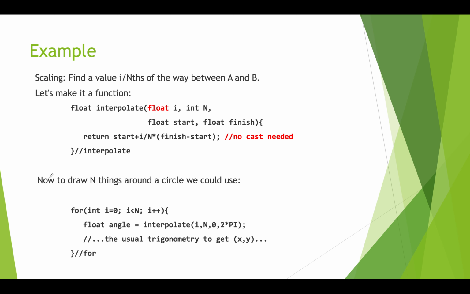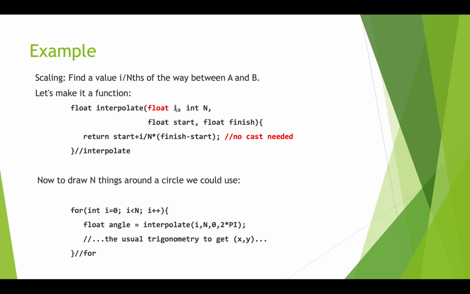So let's go through an example of creating a function that returns something. We've done a lot of this scaling thing in this class, where we have a number in one range and we need to get a value in some other range that sort of matches. This is what we call interpolation. So we can actually do this in a function, and we're going to create this function called float interpolate.